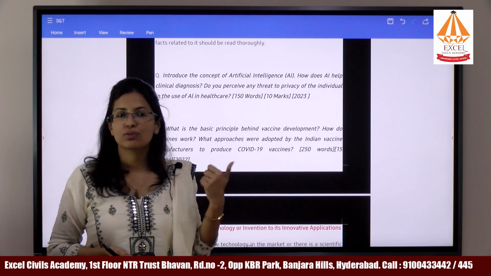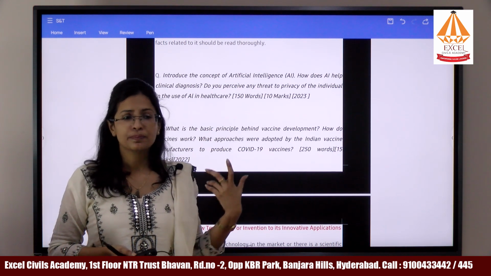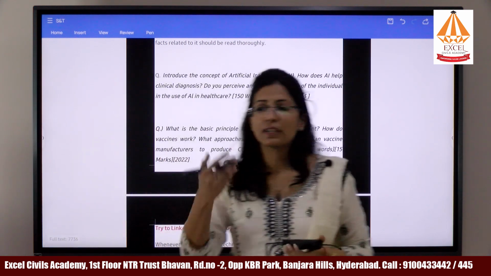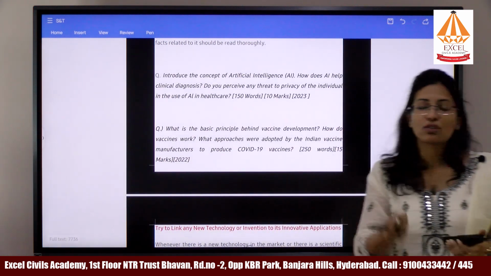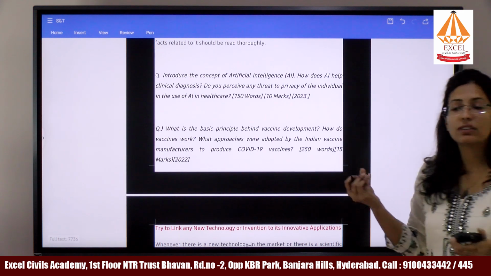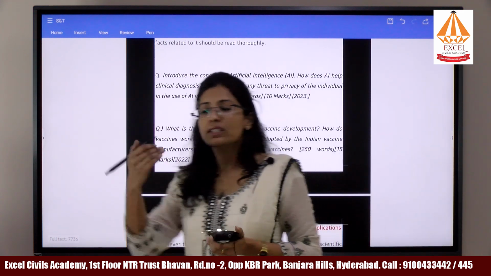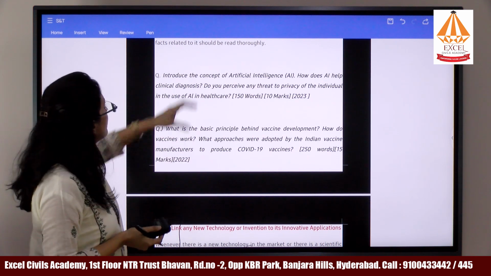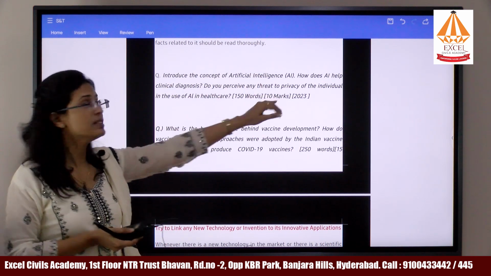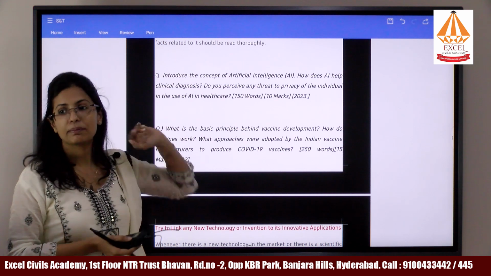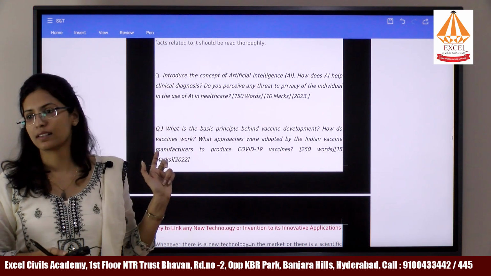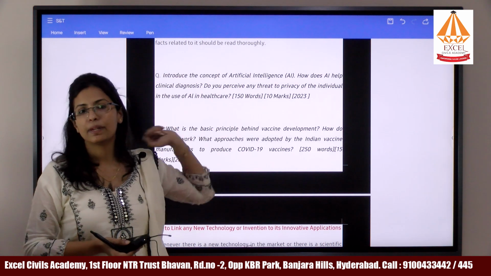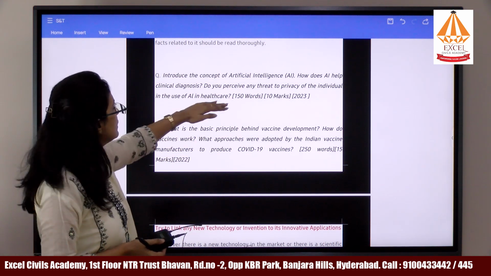You can use drones, you can use robotics, and with respect to sprinklers, when is the soil moisture perfect, when should we turn it on, turn it off, all those things are taken care of by the technology itself. So the question introduced the concept of artificial intelligence and then the application part of it in the healthcare sector.